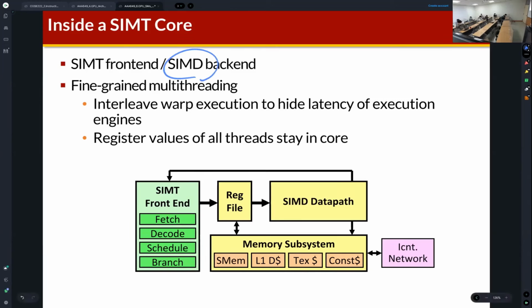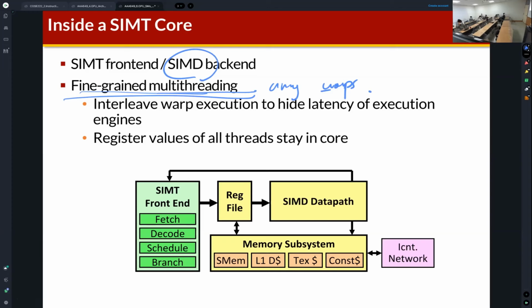Just remember, SIMT front end, then SIMD backend. And as I mentioned, the GPU supports fine-grained multithreading among warps.